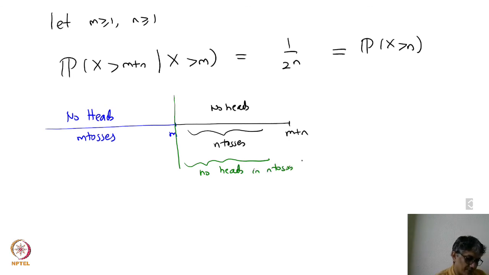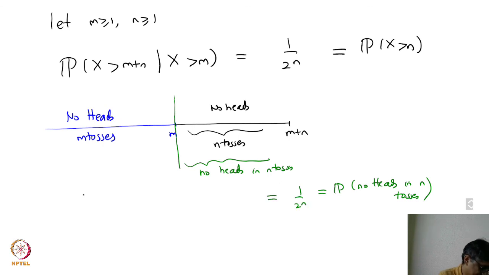Okay. So what I'm trying to say, I'll write it a little bit more in normal picture. On this side, I have the probability of no heads in n tosses. That was 1 over 2 to the n, right, on this side. And on this side, what do I have?